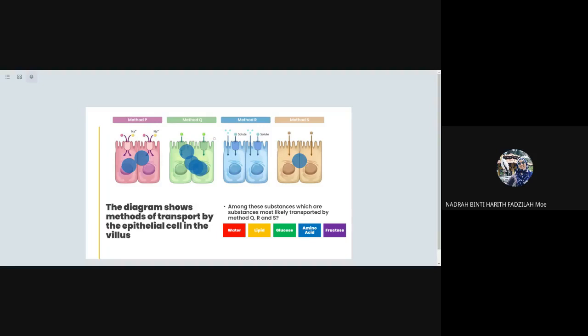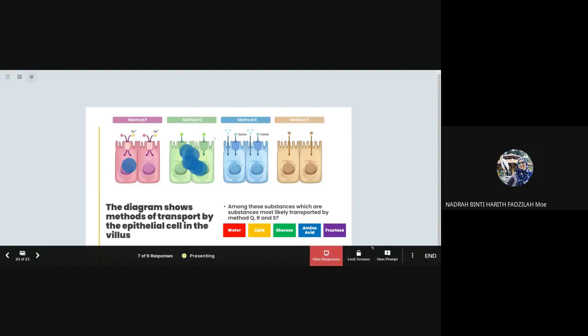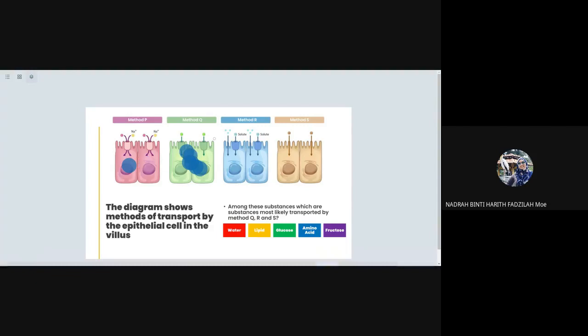Ada yang pilih P, ada yang pilih Q. P sebab apa? Sebab fructose warna purple. So fructose ni anak-anak is a type of monosaccharide, sejenis gula ringkas, adik-beradik dengan glucose. So glucose and fructose is transported through the same method, which is method Q, facilitated diffusion.